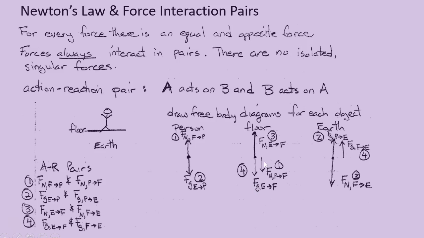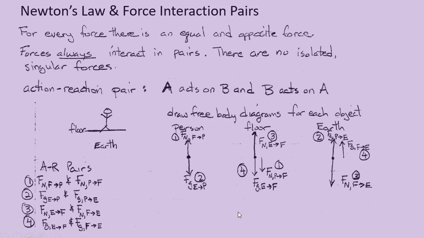And we have the person pushing down with a normal force on the floor. If we look at the Earth, we have the normal force of the floor pushing down on the Earth. We have the gravitational force of the floor pulling up on the Earth and the gravitational force of the person pulling up on the Earth.